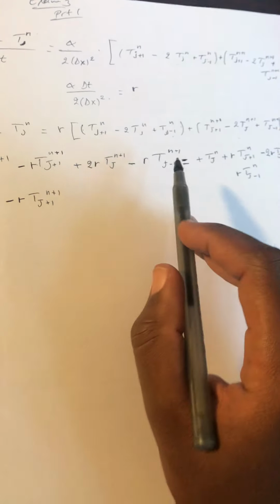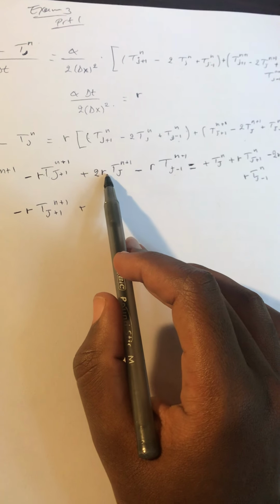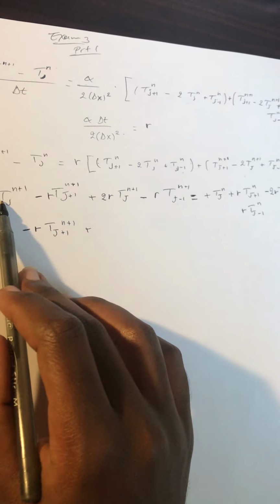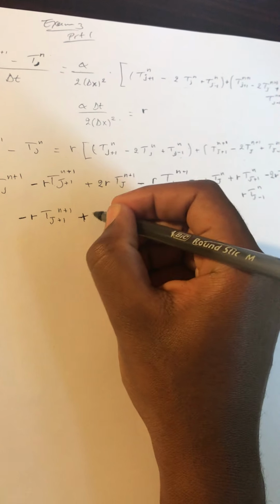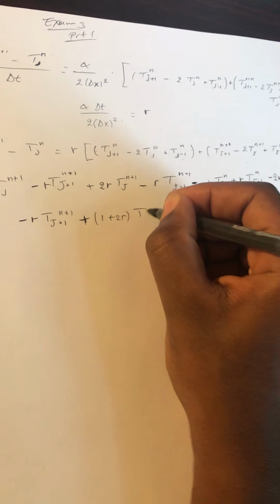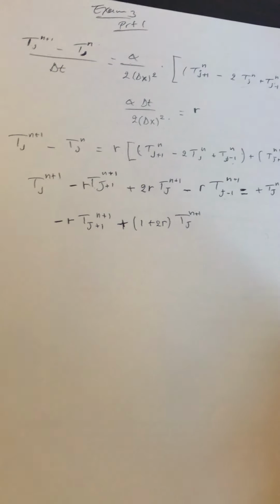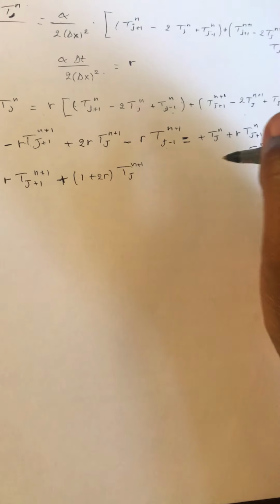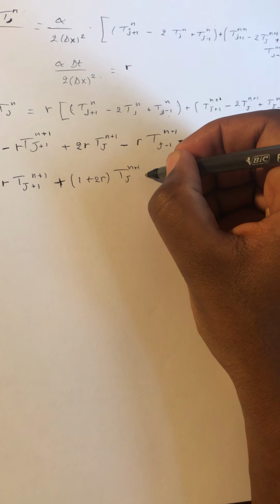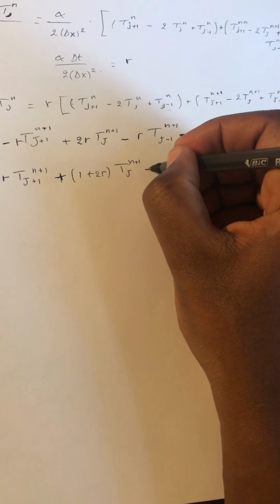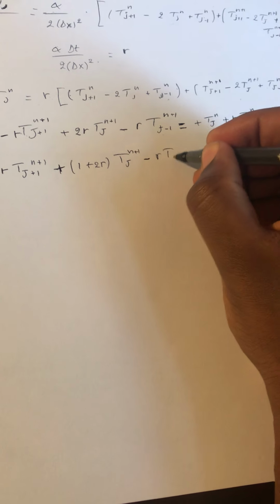This stays the same, there were no like terms, this stays the same and this stays the same. And then we're gonna add plus this 2r T j n plus 1, and this T j n plus 1 becomes 1 plus 2r T j n plus 1. And then when we move on, we get minus r T j minus 1 at n plus 1.